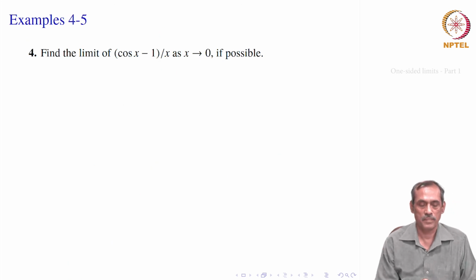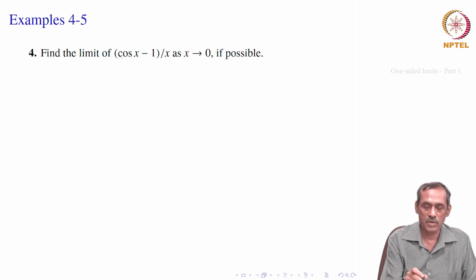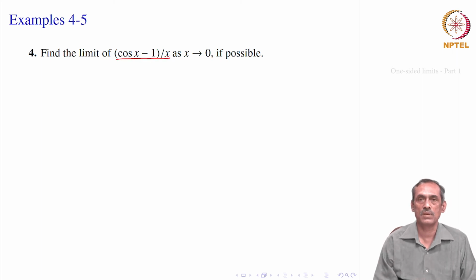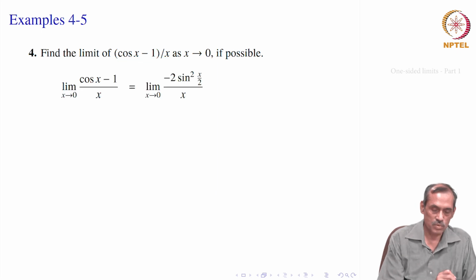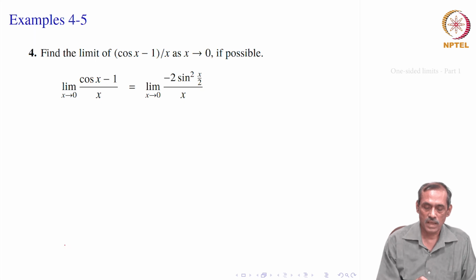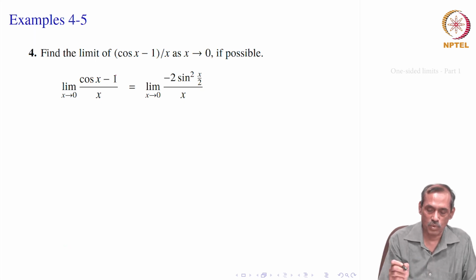Let us see how. Say we are required to find the limit of cos x minus 1 divided by x as x goes to 0. We do not know whether the limit exists or not, but let us see what happens. Now, for cos x minus 1, we can use the half-angle formula. So, it is minus 2 sin square x by 2, divided by x, and we can use the sin x by x formula.